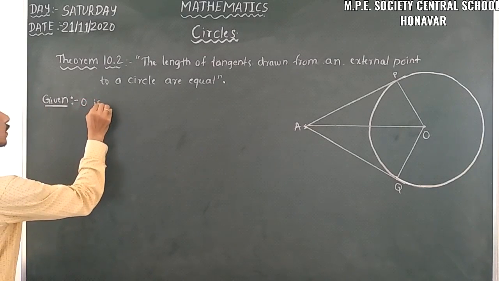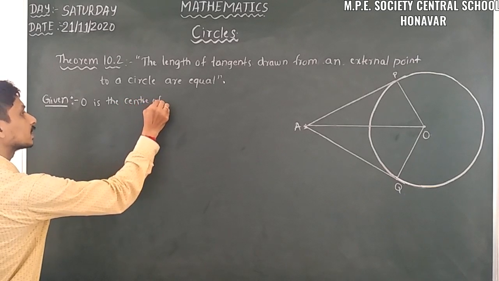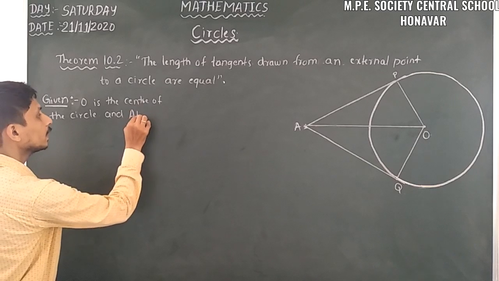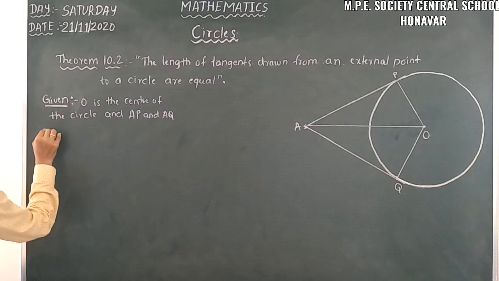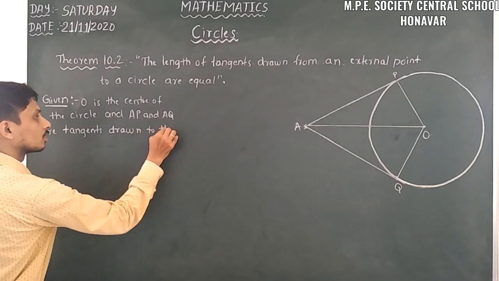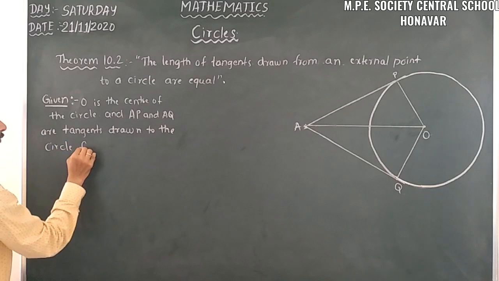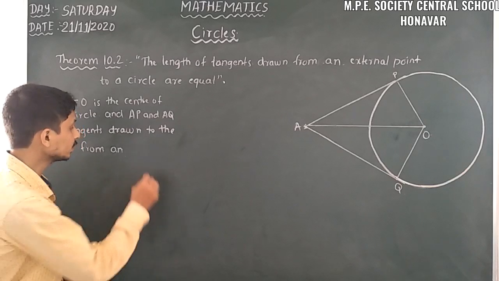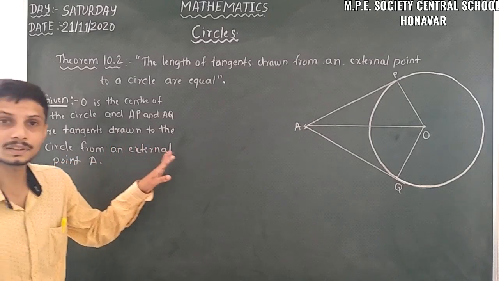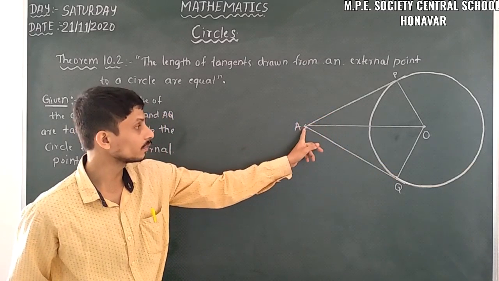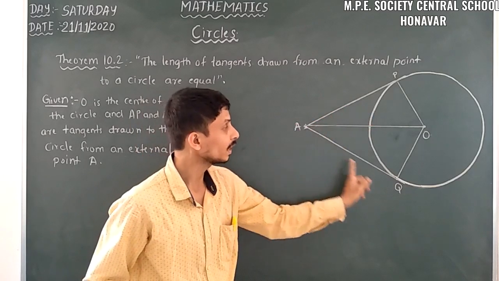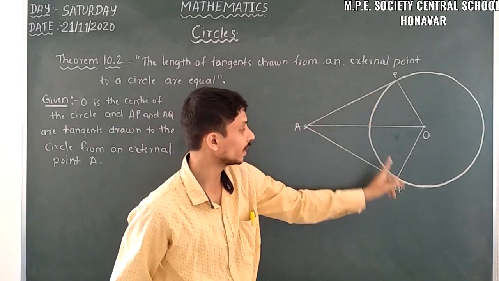So O is the center of the circle, it is given, and AP and AQ are tangents drawn to the circle from an external point A. So this is given: a circle, and a point A lying outside the circle, and from A we drew two tangents, AP and AQ, intersecting the circle at P and Q respectively.